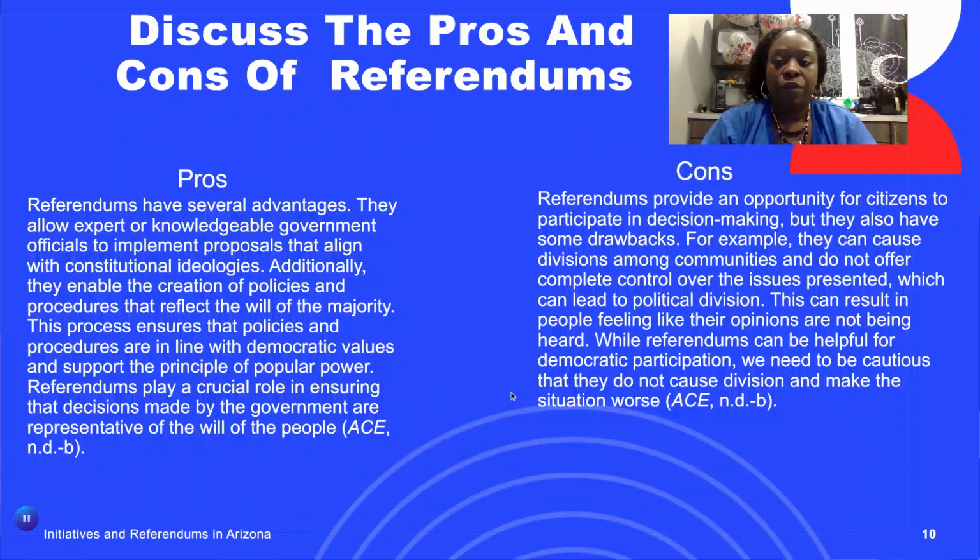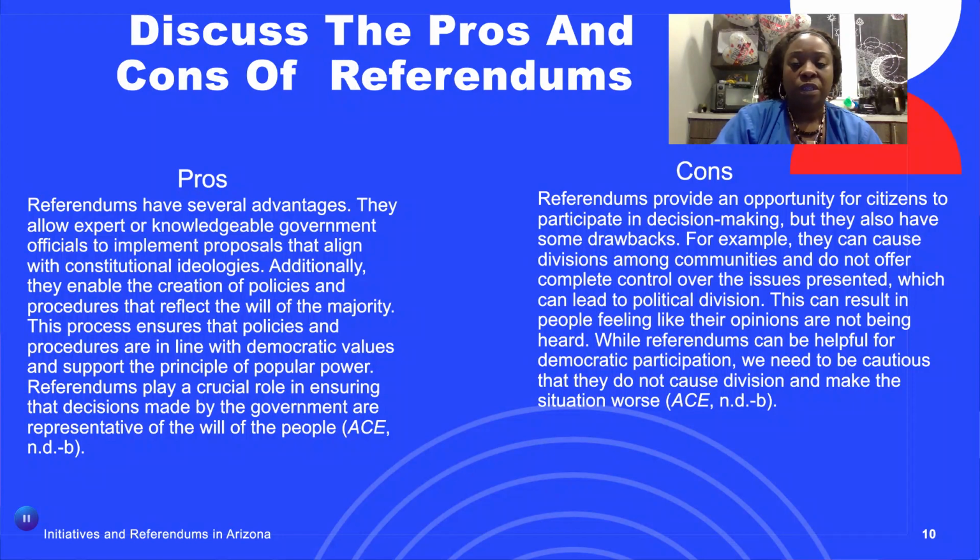We'll talk about the referendums, pros and cons. So now we go to referendums, and referendums have several advantages that I found. They allow experts or knowledgeable government officials to implement proposals that align with the constitutional ideologies. Additionally, they enable the creation of policies and procedures that reflect the will of the majority.